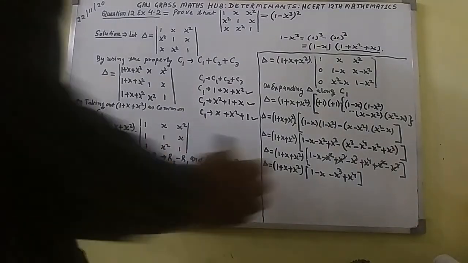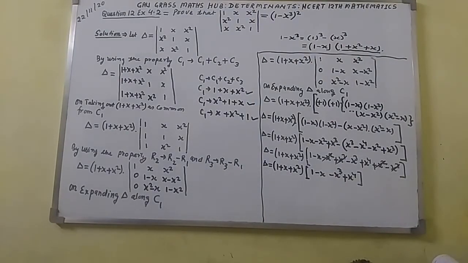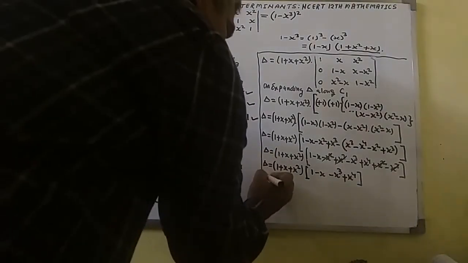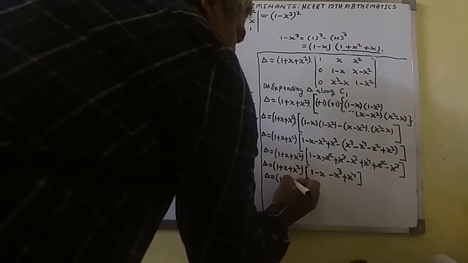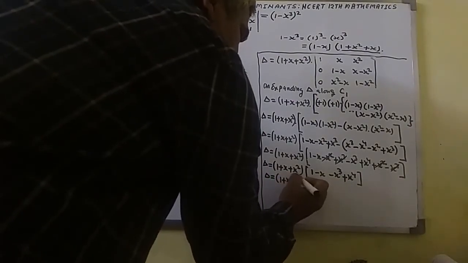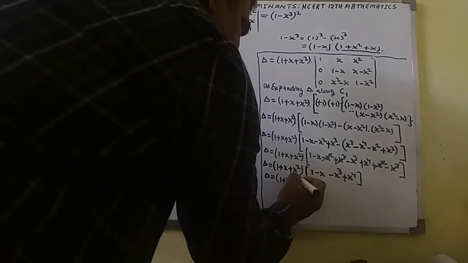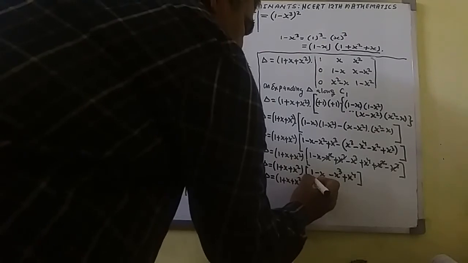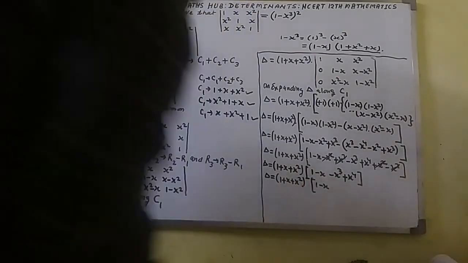What to do next? Next I shall write det equal to 1 plus x square, here write this one, 1 minus x, right here 1 minus x.